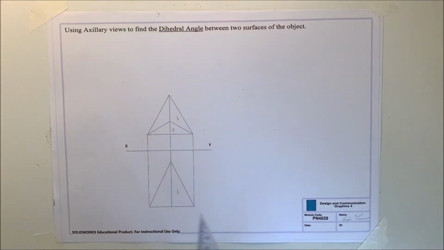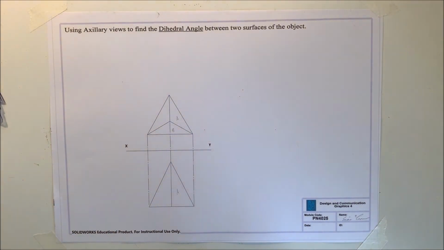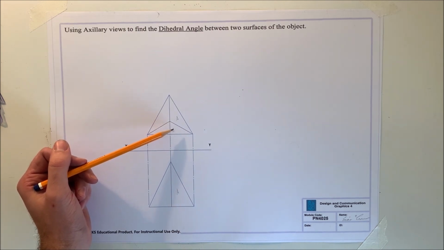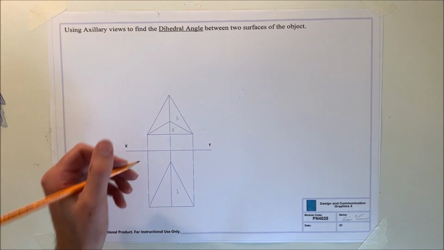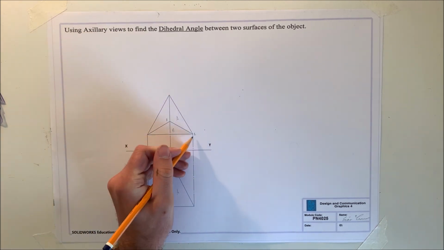And now I'm going to decide what I need to take here for my auxiliary views to find this dihedral angle. Now I don't actually need to take the whole shape itself. All I need is the surface A and B, as well as the line that is shared by the two of them, which I'm going to call 1 and 2 for each side of it.